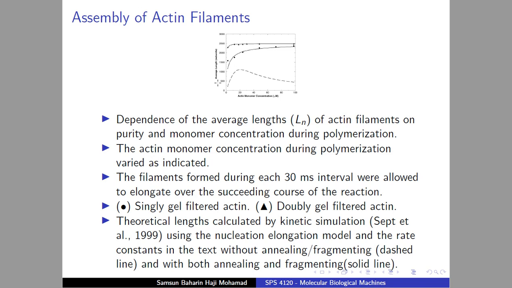The filaments formed during each 30 millisecond interval were allowed to elongate over the sustained course of the reaction. These are the singly gel treated actin and double gel treated actin.